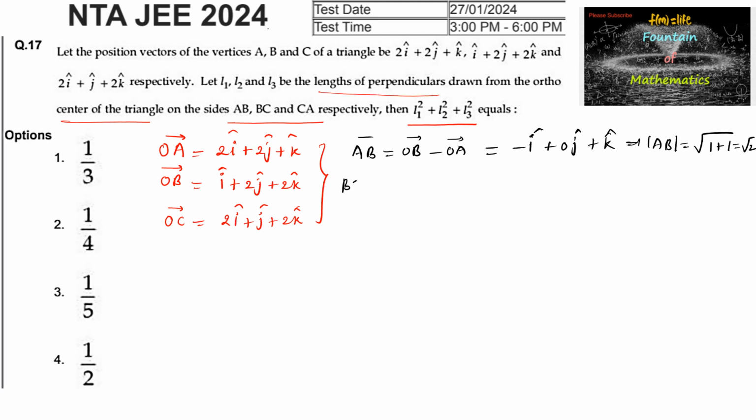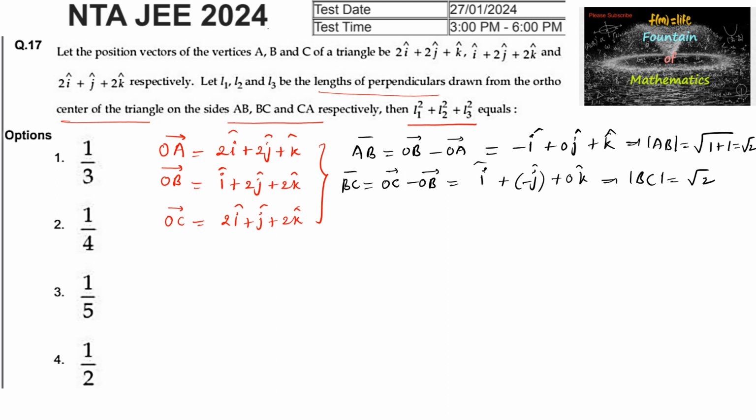And similarly BC is equal to OC vector minus OB vector, which is equal to i, 1 minus 2 minus j and 0k, and you can see that the mod of BC is also the same as root 2.